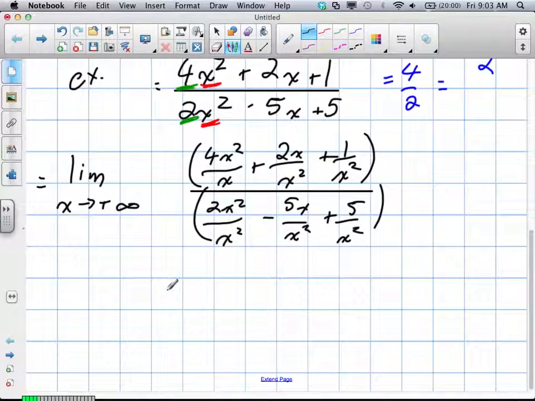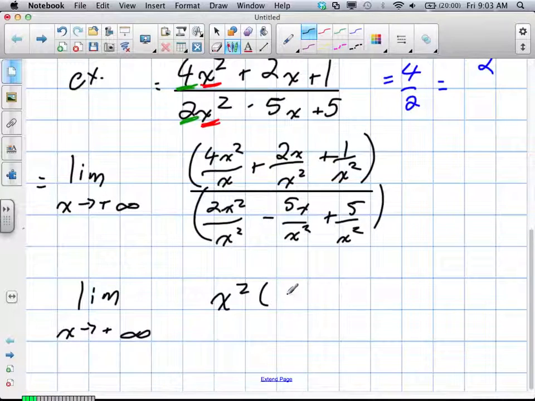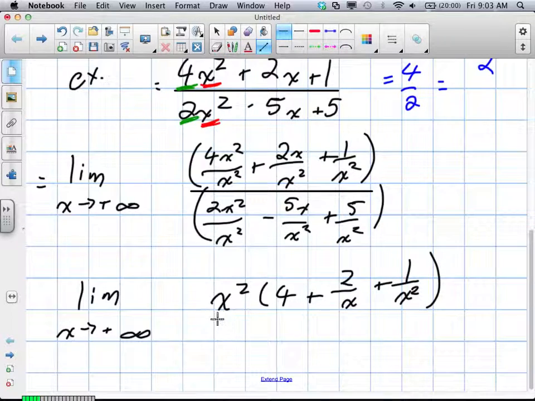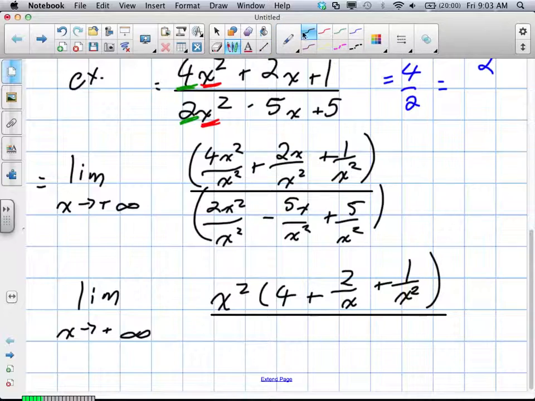As we take out our common factor, we're left with the limit as x tends to positive infinity of 4 plus 2 over x plus 1 over x squared, divided by x squared again, which then gives us 2 minus 5 over x plus 5 over x squared.